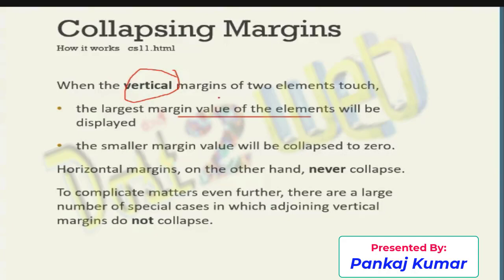To complicate matters, beyond what we have seen about collapsing margins, there are a large number of special cases in which adjoining vertical margins do not collapse. There are many such cases, and it totally depends on your practical approach, how much practice you do on that.